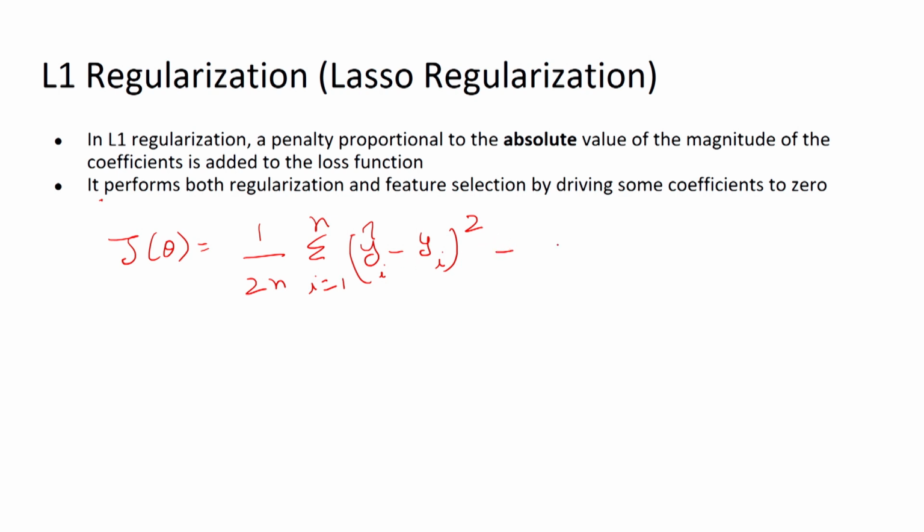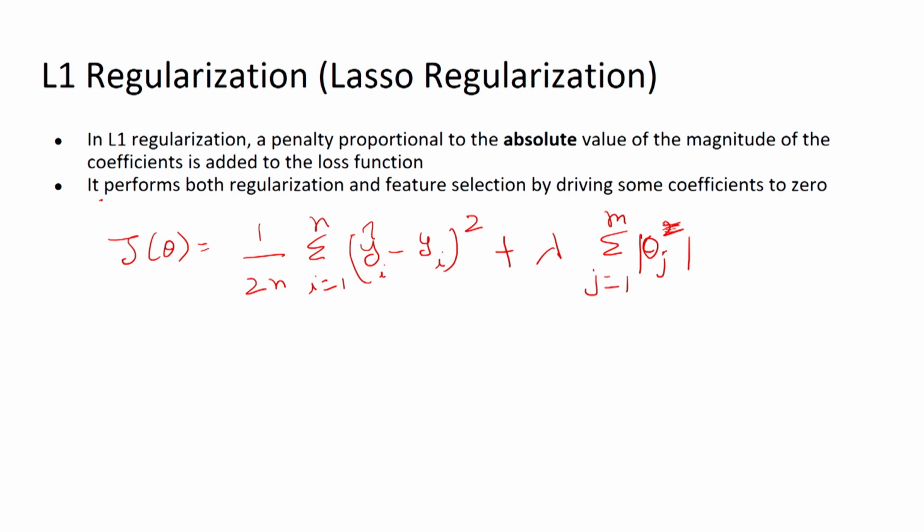Now, we are adding one more term, that is lambda and then summation j equal to 1 to m, where m is the number of parameters, of mod of theta j. Not a square, in this case it is mod of theta j.